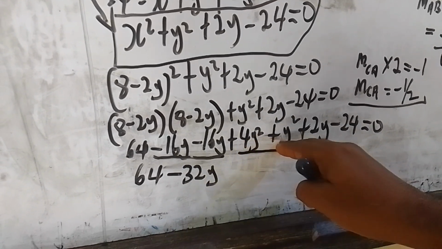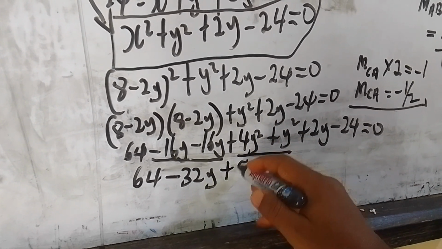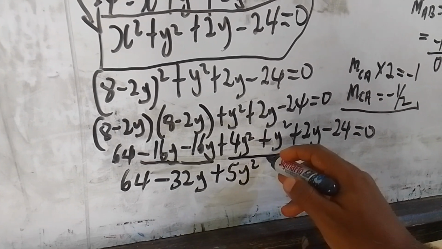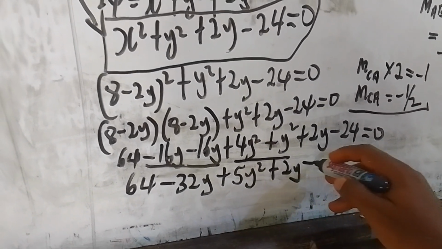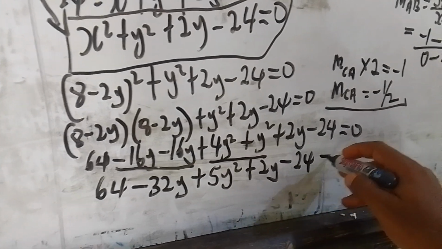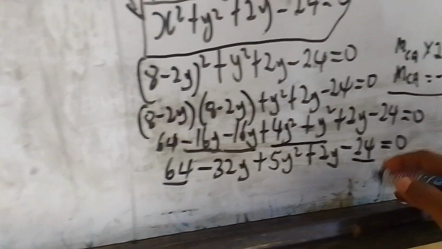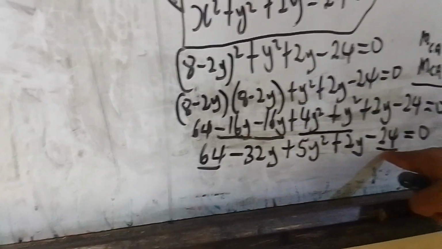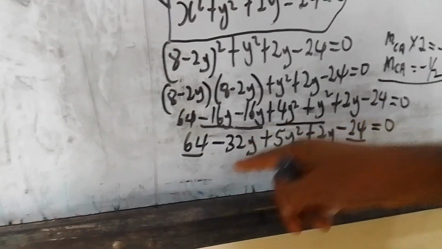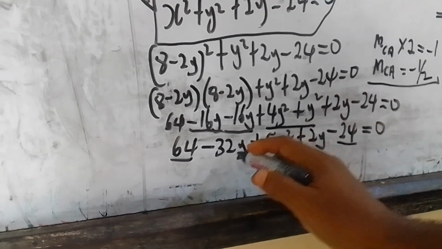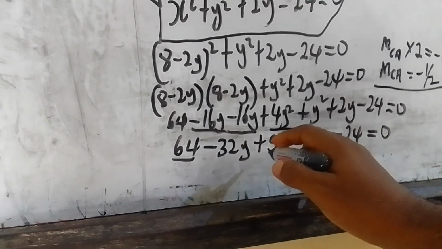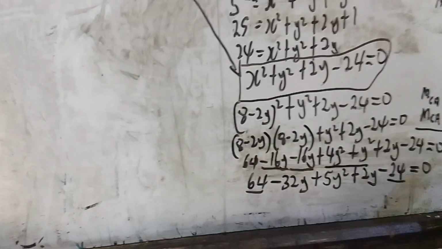So 4y squared plus y squared will give us plus 5y squared. Then plus 2y minus 24 is equal to 0. Now we can combine 64 and minus 24. 64 take away minus 24 will give us 40. So I want to rearrange this equation. Let me arrange this equation here.